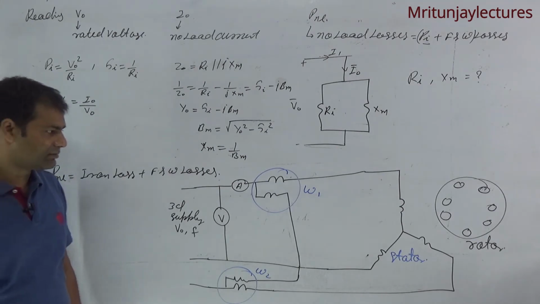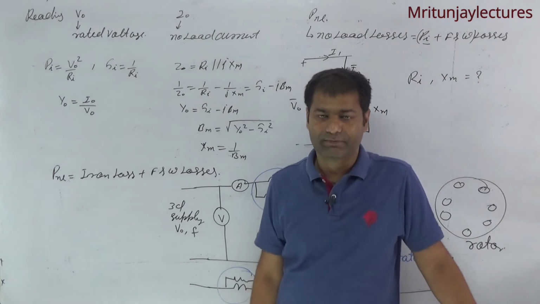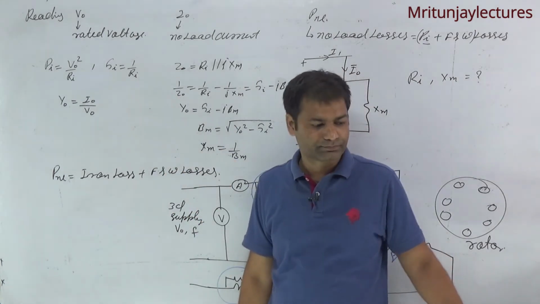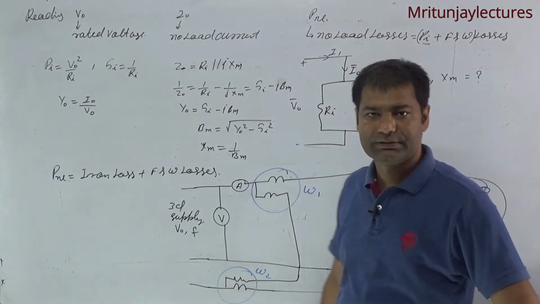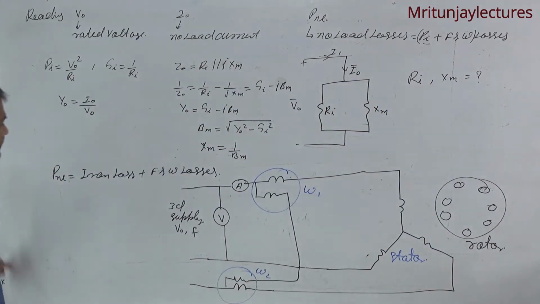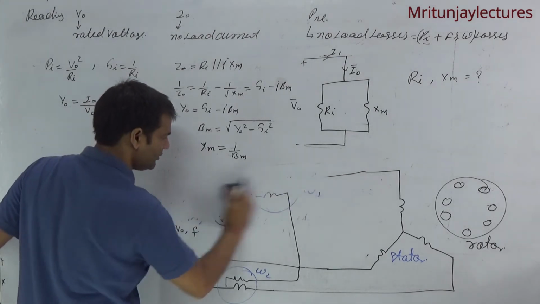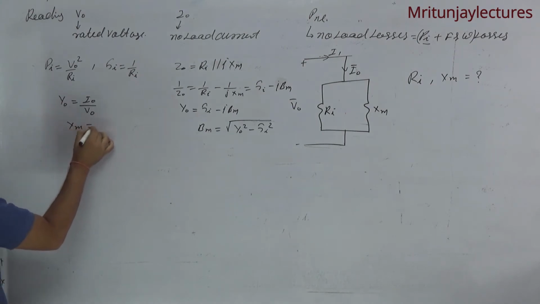Our motto is clear, but a very important method is how to determine the iron loss and friction and windage loss. The first question arises: now, to separate the iron loss and friction and windage loss, Xm is written as 1 by Bm.